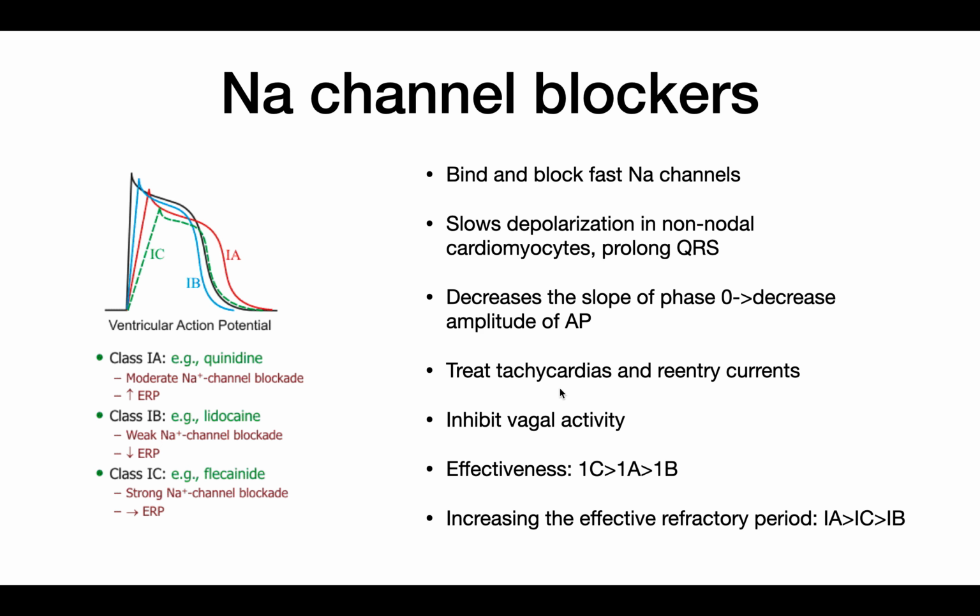So you want to use these to treat tachycardia and re-entry currents. In these particular patients, there's going to be like a delta wave. We'll go through that later, but it inhibits the vagal activity, and like I said, here's the effectiveness, and it increases the effective refractory period. As you can see here, the refractory period is like the plateau, the length of the plateau.